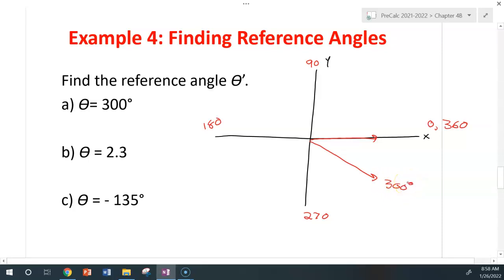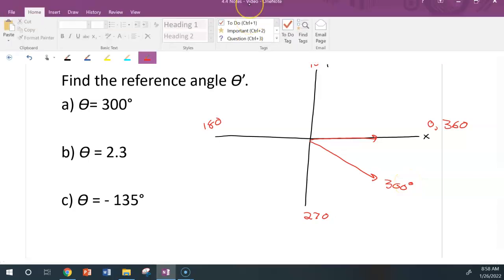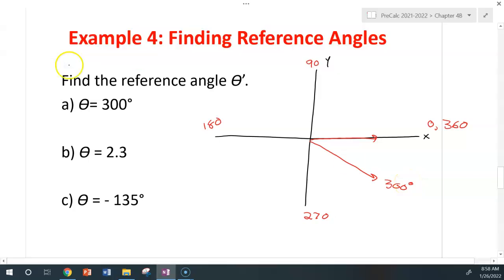300 degrees. Now your reference angle is the shortest distance to the x-axis. So that's going to be this one right here. And we use the notation theta prime for reference angle. And then over here, going this way, that's theta. So I'm trying to find theta prime. Shortest distance to the x-axis is what I'm looking for.